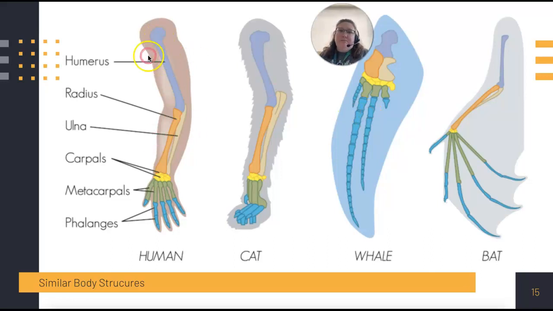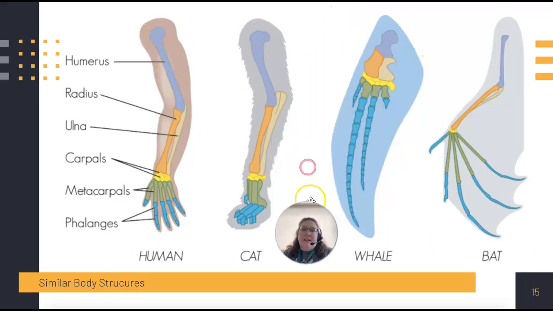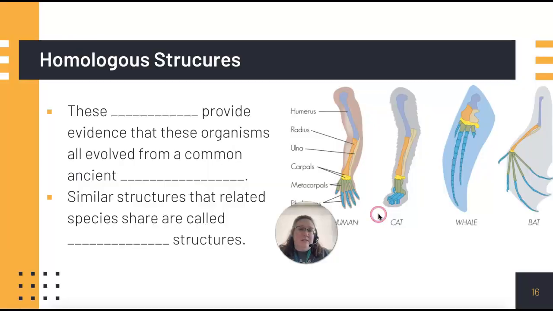Which brings us to homologous structures, which is similar body structures. So notice these structures, let me move my face again. Whoops, back. Basically the humerus is this blue, and notice each one of these, the human, the cat, and the whale all have them. A radius, all have them. The ulna, each of them has an ulna. The carpals. You're getting the idea that while they're in different places and they look different, they have the exact same purpose. And so this is what a lot of scientists use as another piece of evidence.